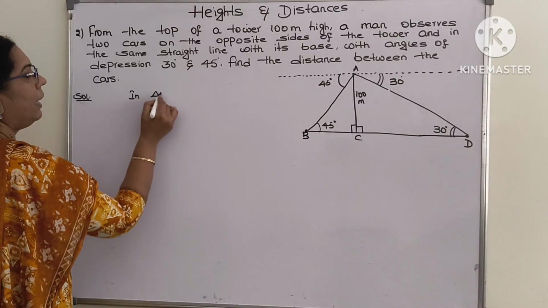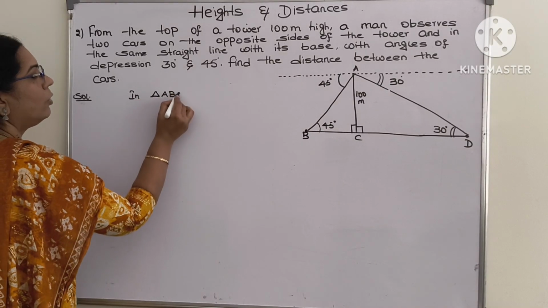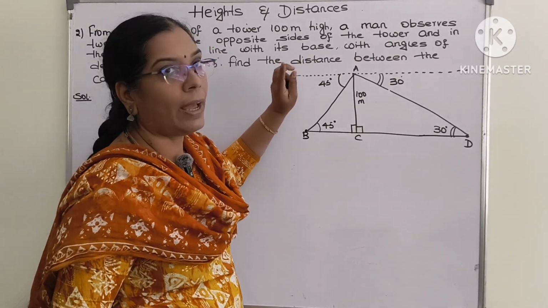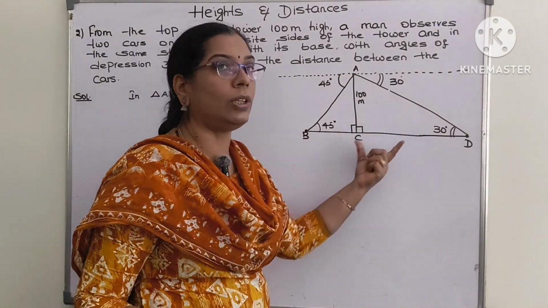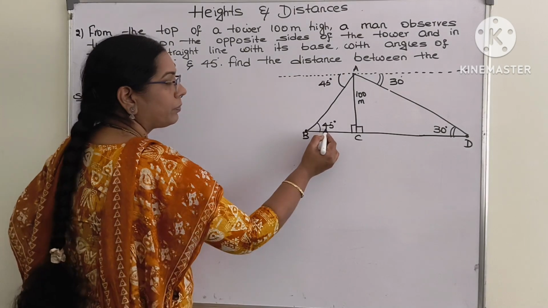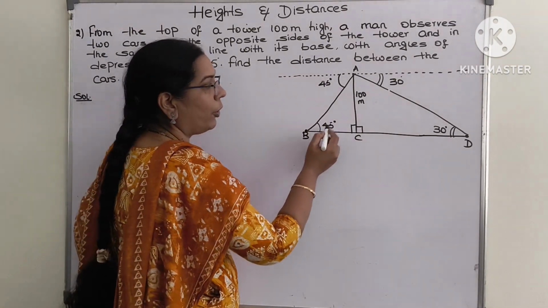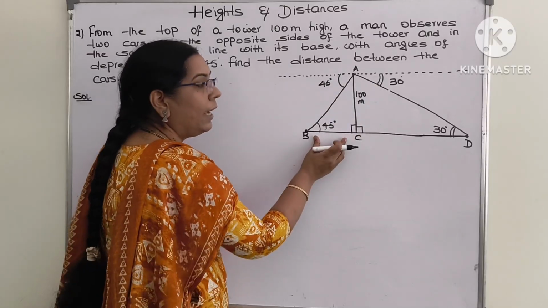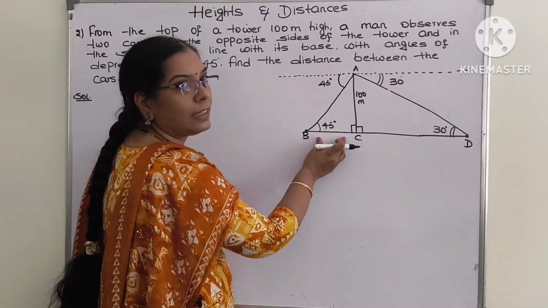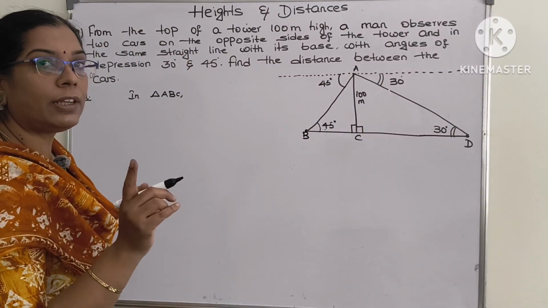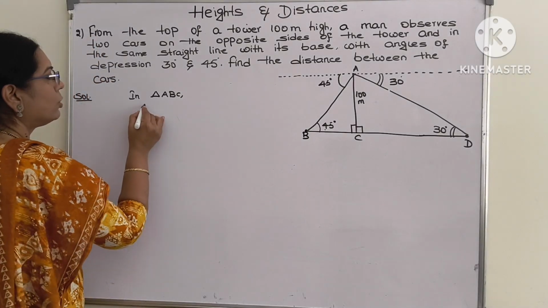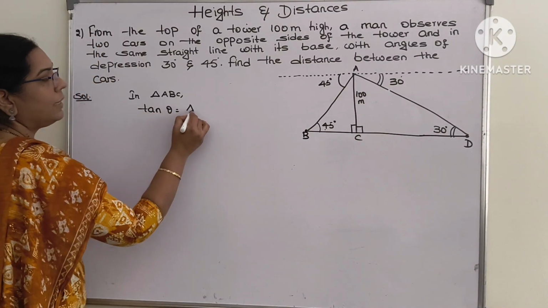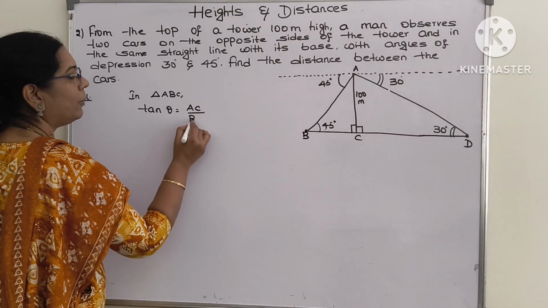In triangle ABC. Now see children, we are not bothered about these angles that we drew, angle of depression. Now we will consider these only as our angles. From an acute angle point of view, I have AC which is the opposite side and I need BC which is adjacent. So the proper trigonometrical ratio is tan theta. So tan theta is equal to AC by BC.